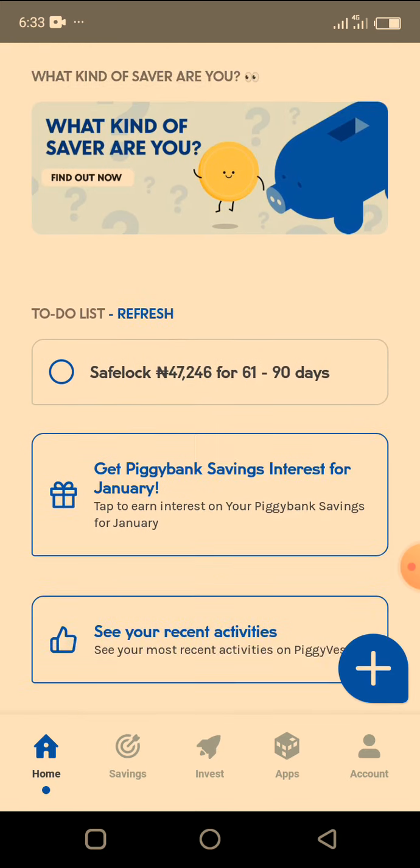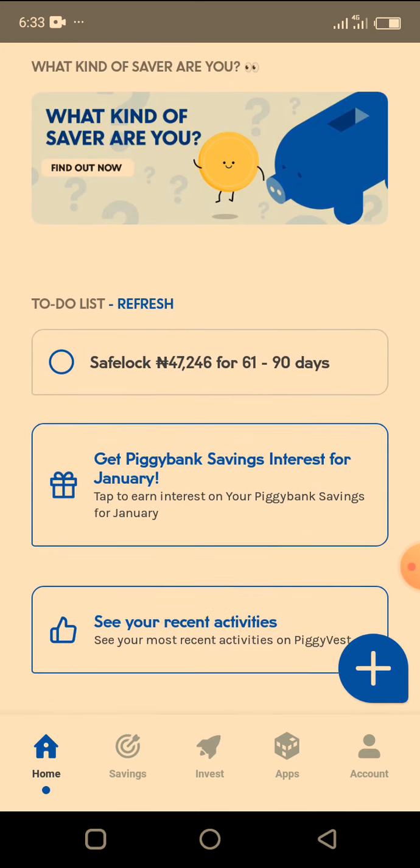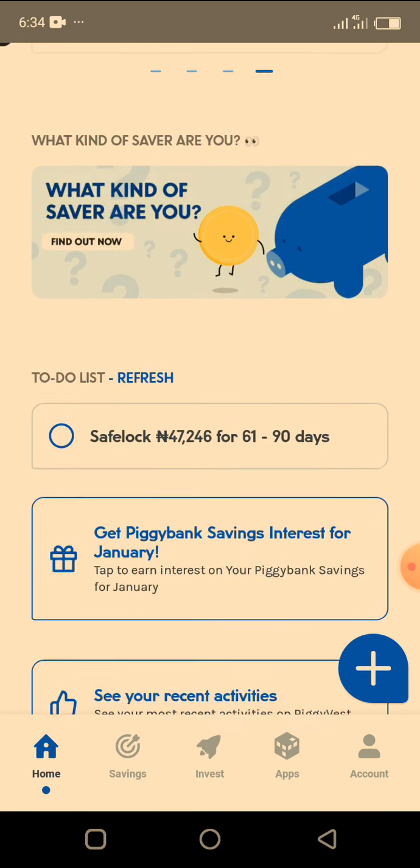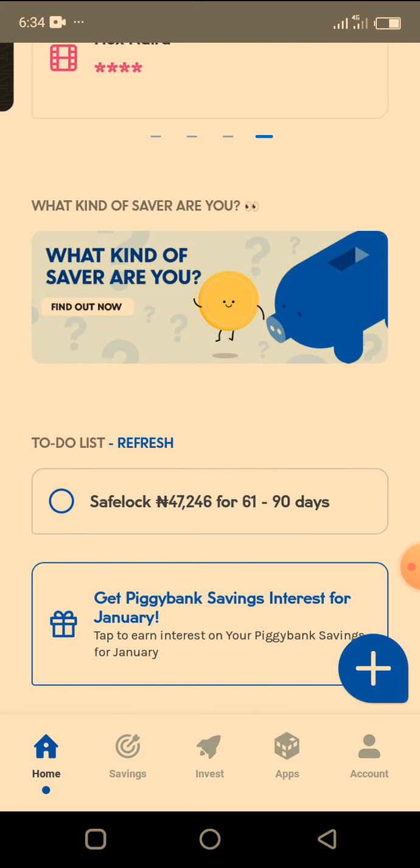Now I want to explain first that Piggyvest is mainly for savings. If you look at the logo right here, it's like the color they use in putting money in so many places.